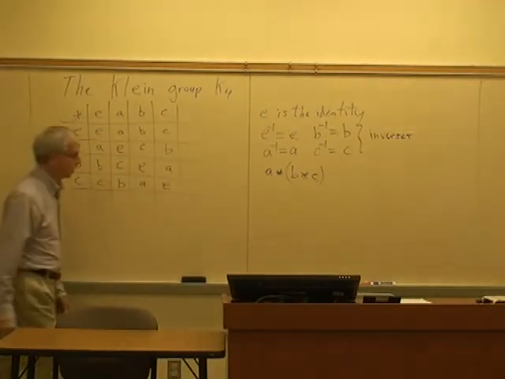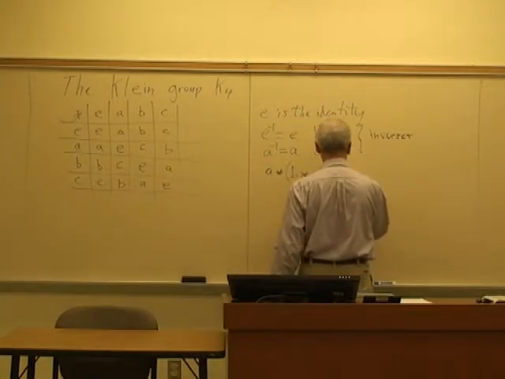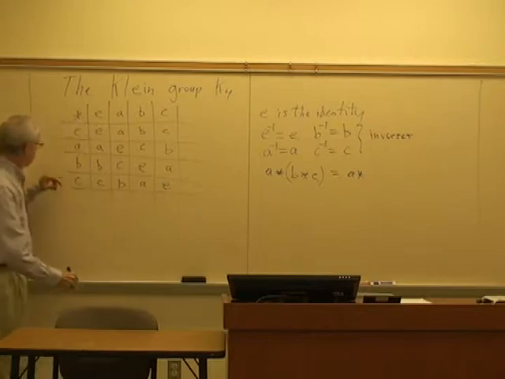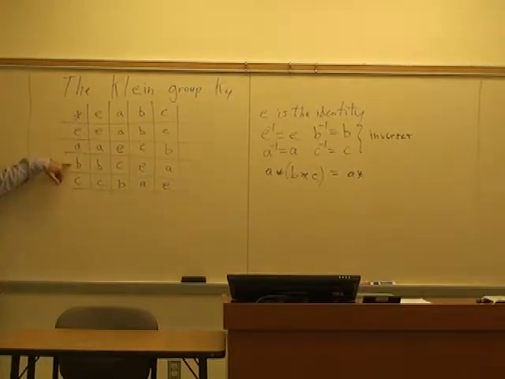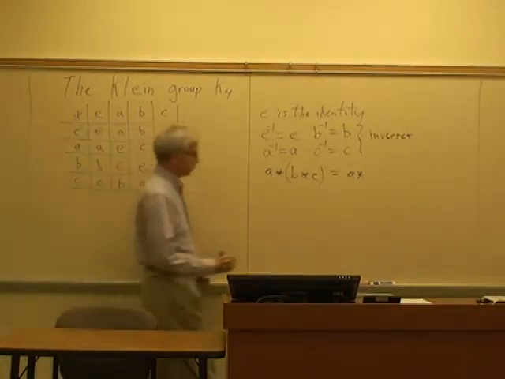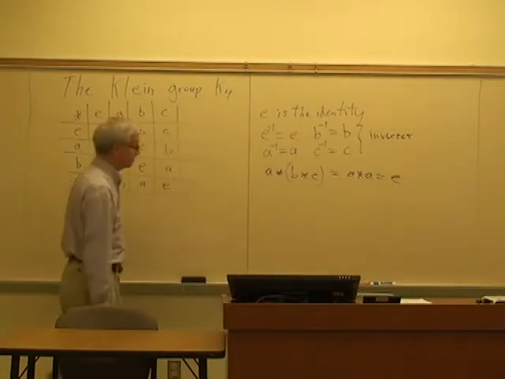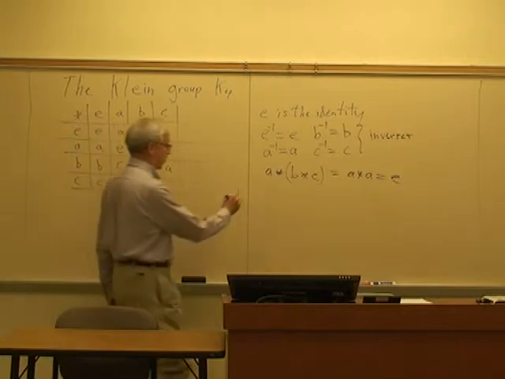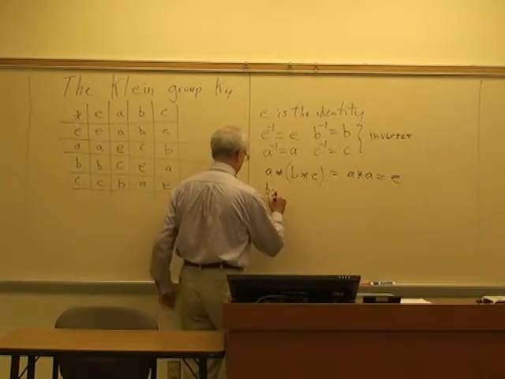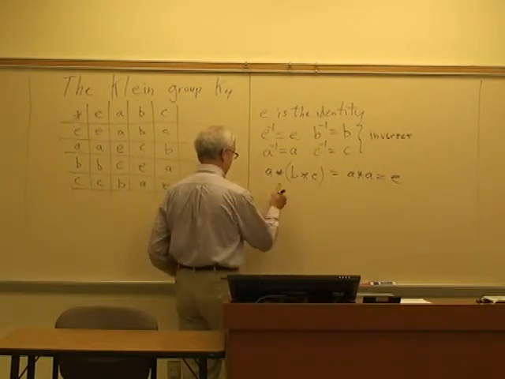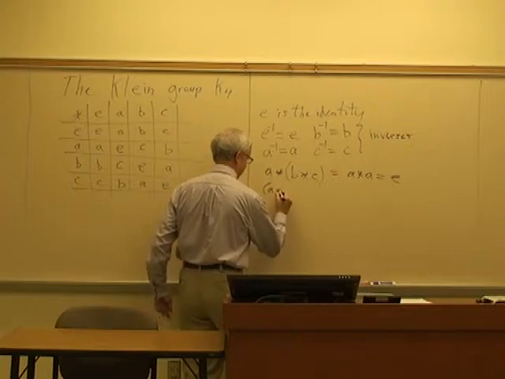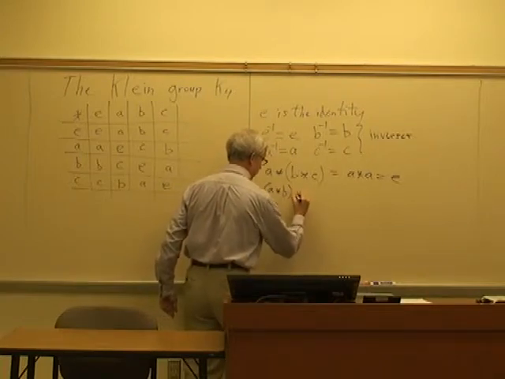Well, the first thing I do is work inside parentheses like always, so that's A star. What is B star C? Remember, I use a Cayley table, I start here, right? So BC is A. And A star A is the identity. How about the quantity A star B star C?